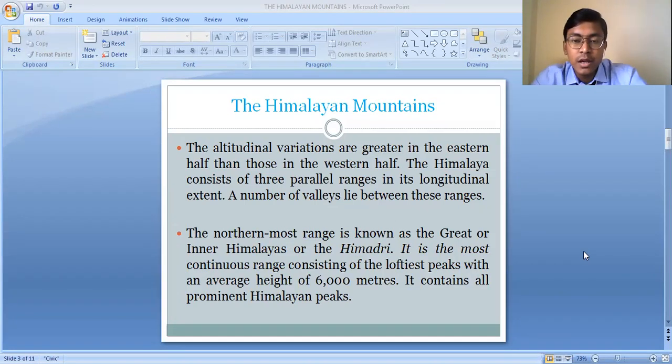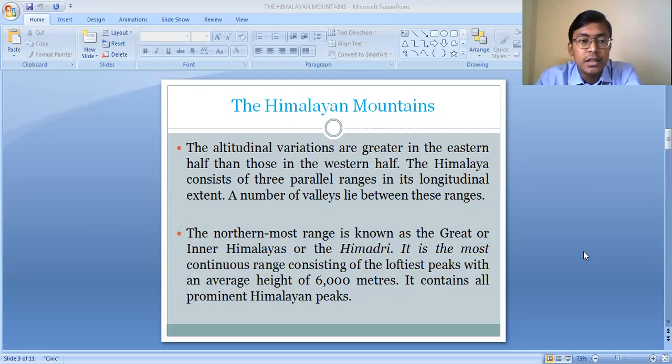The Himalayas consist of three parallel ranges in their longitudinal extent. These ranges can be divided from the north to the south, from the top to the bottom, into three broad divisions.